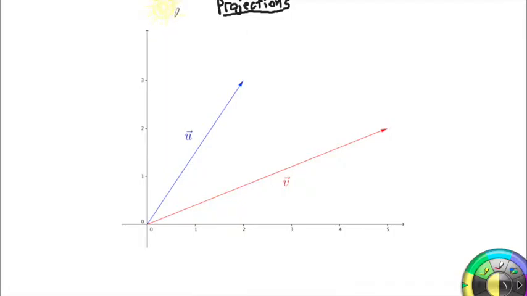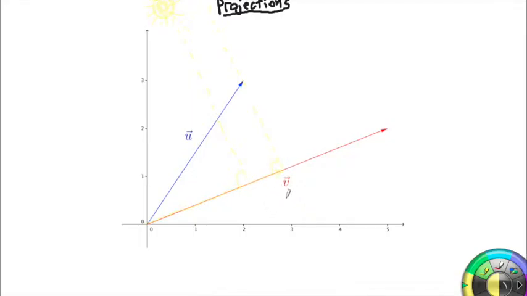And the sun's rays are coming down perpendicular to V. So when they're coming down, they're going to come down perpendicular to V. And in that way, if you think of U as like a tree or a solid object, the sun rays are going to get cut off here, and they'll never make it to V, and you'll get a shadow that is formed here at the very end of vector U all the way down to vector V. So this side of this triangle, from here to the origin, we're going to consider this our projection.